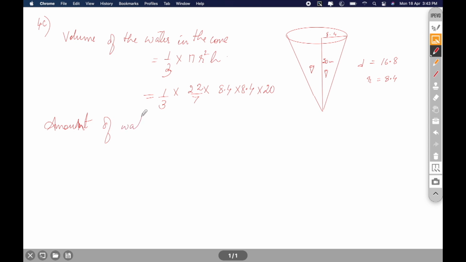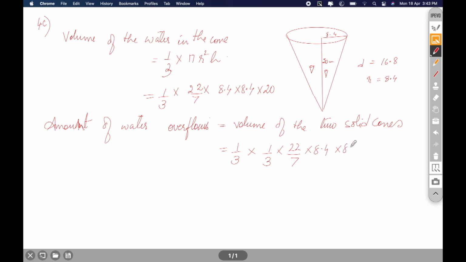Amount of water that overflows equals the volume of the two solid cones, and it is equal to 1/3 of the volume of water. So this is 1/3 into 22 by 7 into 8.4 into 8.4 into 20.